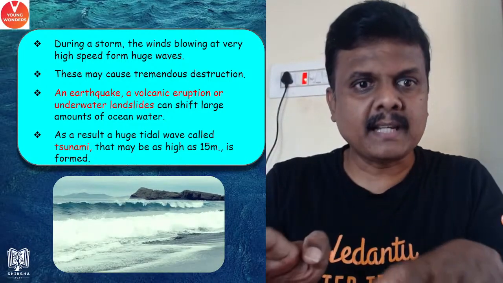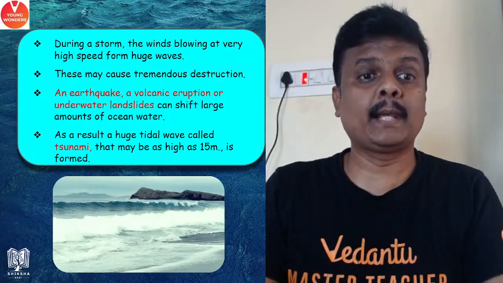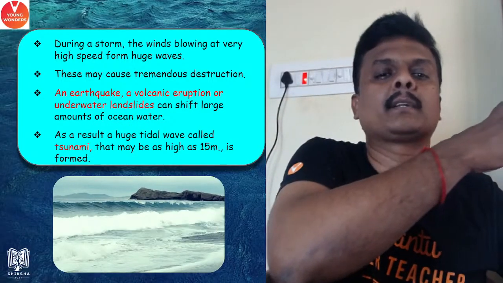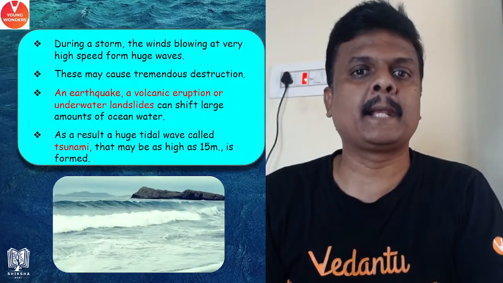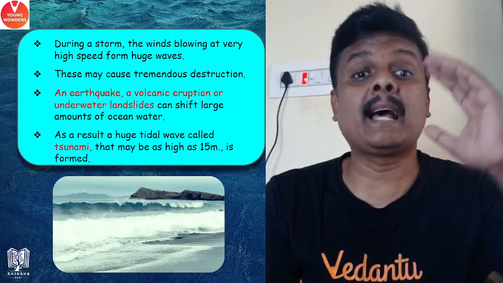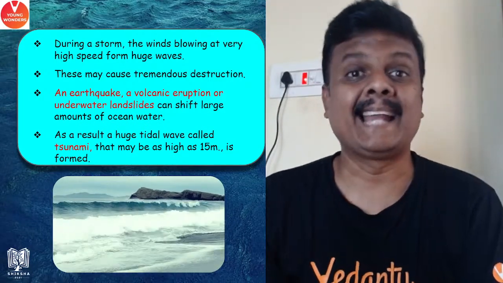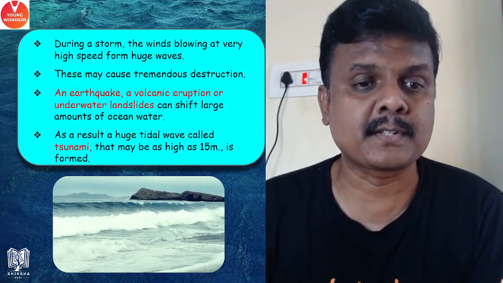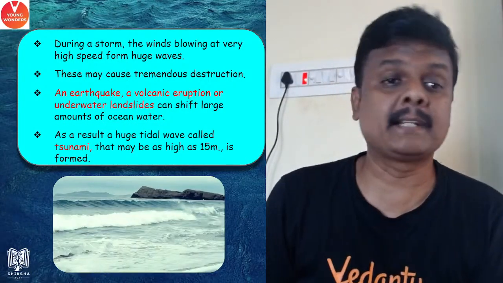Similarly, when there is an earthquake, tectonic plates have shifted, or a volcano erupts underwater, there is tremendous pressure on the water in the ocean, because of which huge waves start coming up. You call them tsunami. Tsunami is nothing but a high tidal wave which happens because of underwater pressure, and that pressure is generally caused by earthquakes or volcanic eruptions. A tsunami can be even as high as 15 meters.